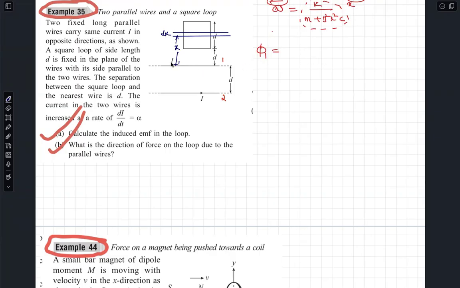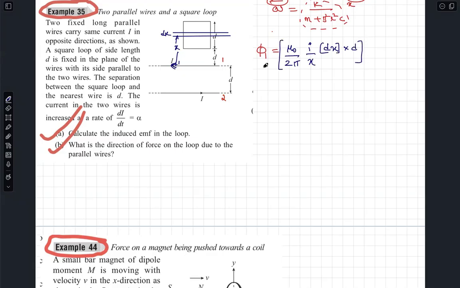Flux in this case is, anyone in the class, can you tell me what is the direction of the flux due to that current carrying conductor? Inward, sir. Correct. So therefore, mu naught by 2 pi I by x dx into d, since it is a square of side d.